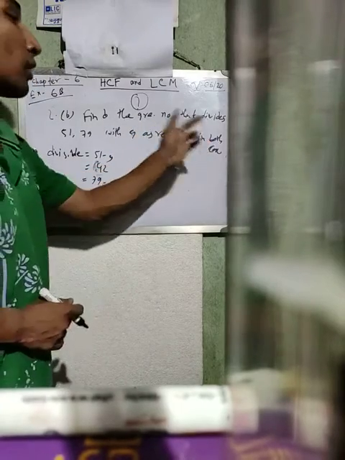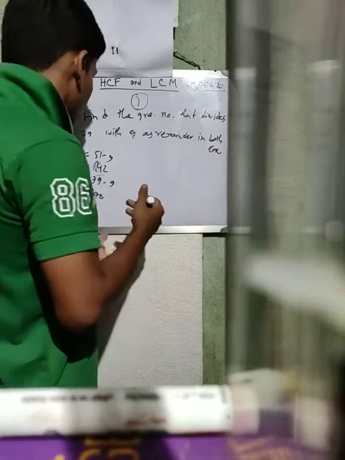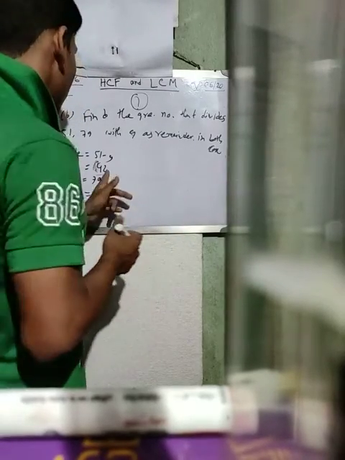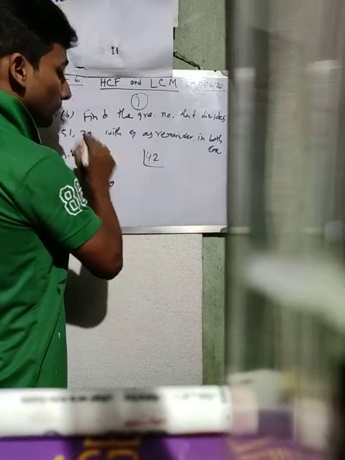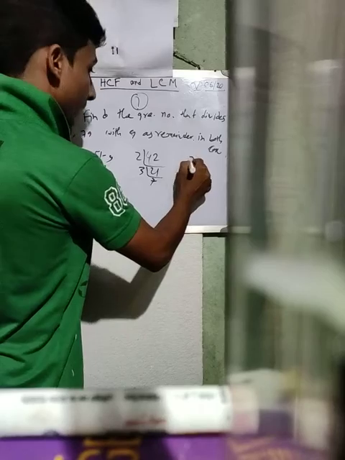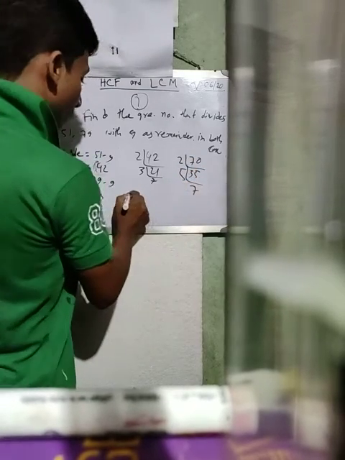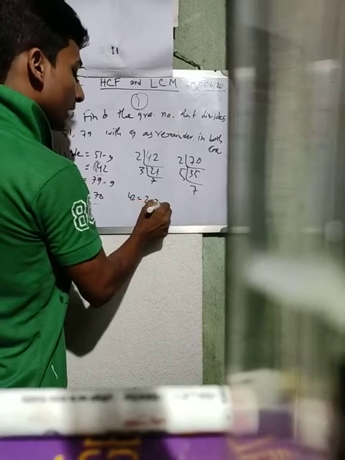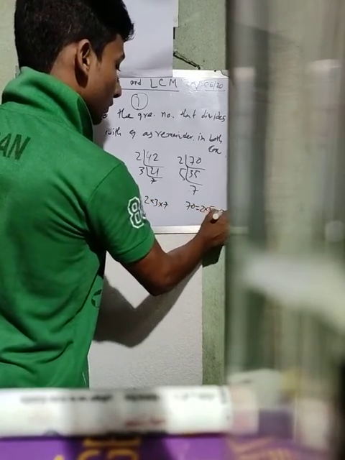Now you can find the greatest number easily. How? If we calculate the HCF of these numbers, we will have the result. So HCF of 42 and 70. 42 means 2 into 3 into 7 and 70 means 2 into 5 into 7.